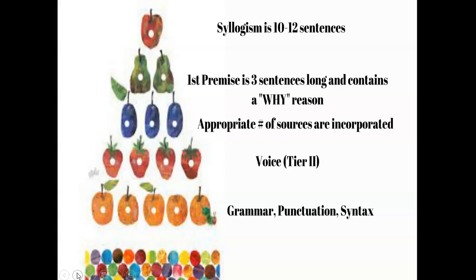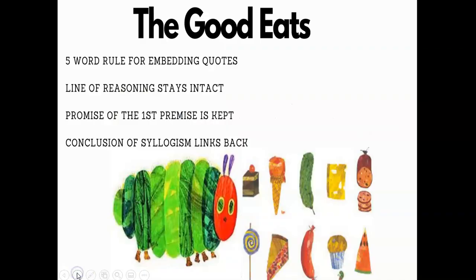So you can change whatever your focus is going to be for the body paragraphs and whatever aspect of the template you want. So here's the deal. The good eats. 5-word rule for embedding quotes. Line of reasoning stays intact. Promise of the first premise is kept, and the conclusion of the syllogism links back. So we'll use the goody treats, the goody eats to indicate those things, right?